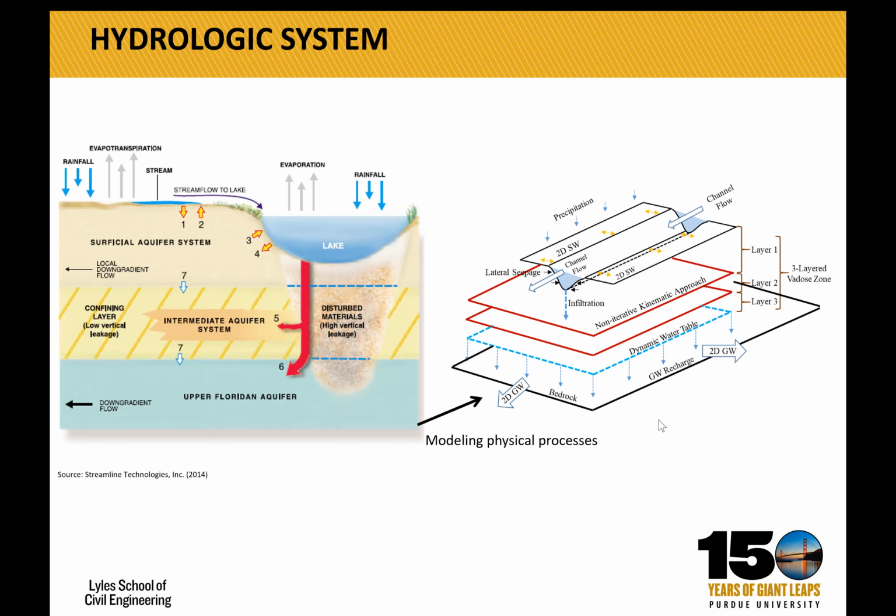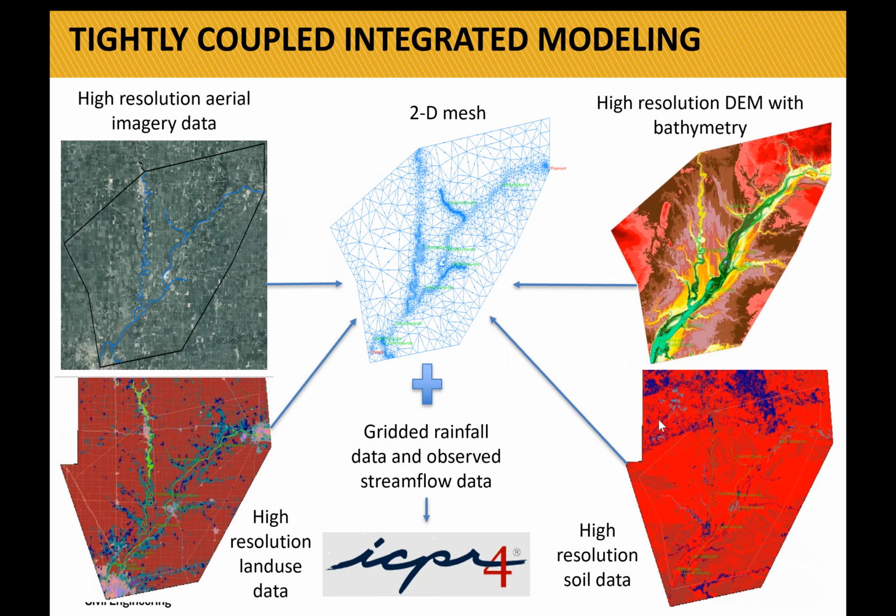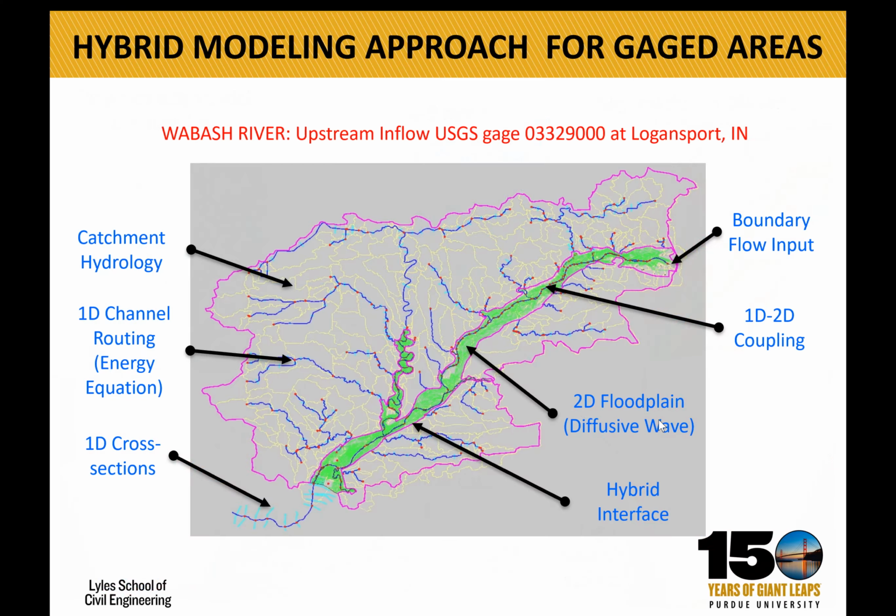So we need an integrated approach, and that is what we have been trying to do in recent years using a model called ICPR. This is a totally integrated model that does surface, subsurface, deep groundwater, urban infrastructure, you name it, you can simulate that. And since this is a complicated integrated model, it does require a lot of computational resources.